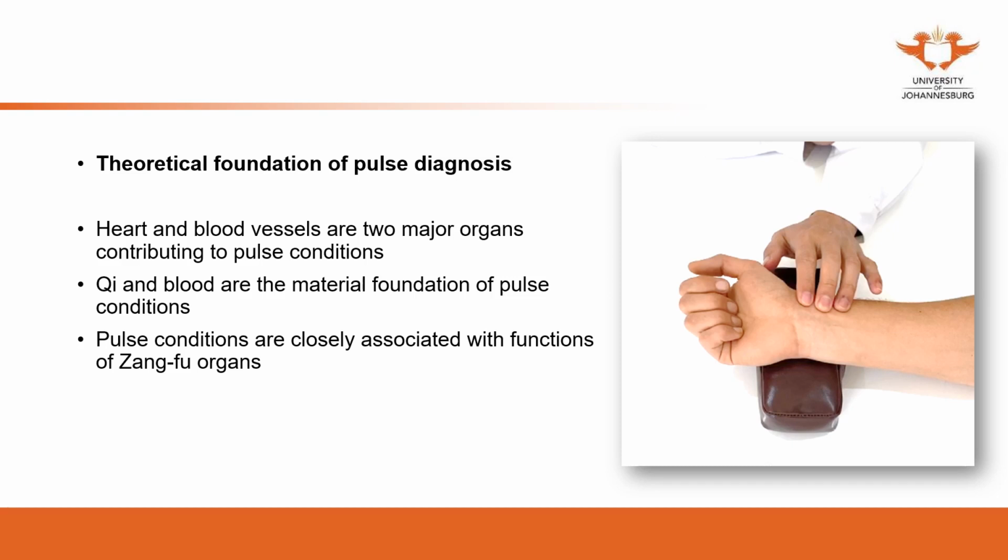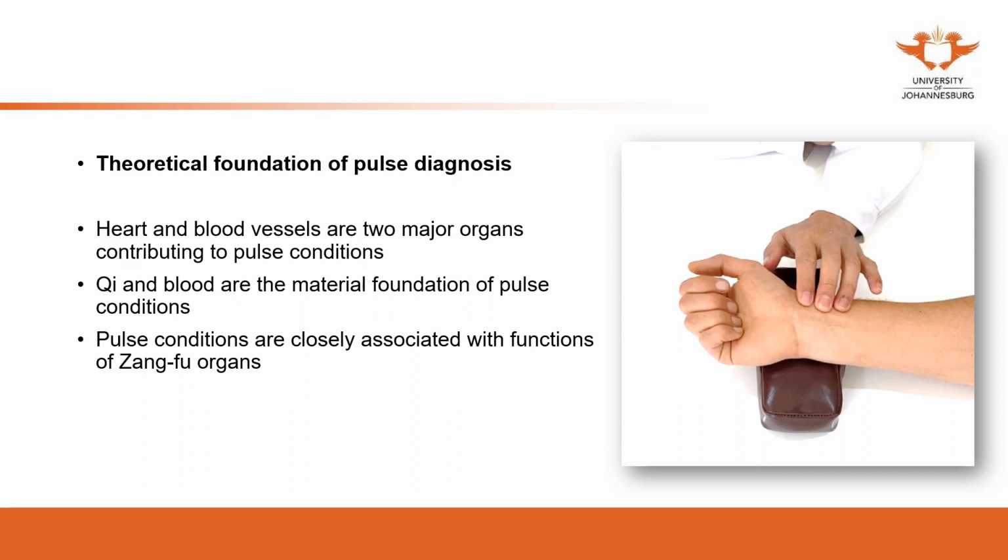And also, until now, you will understand that when we talk about one single manifestation or one single symptom, although it is dominantly related to one organ, all organs are actually related.